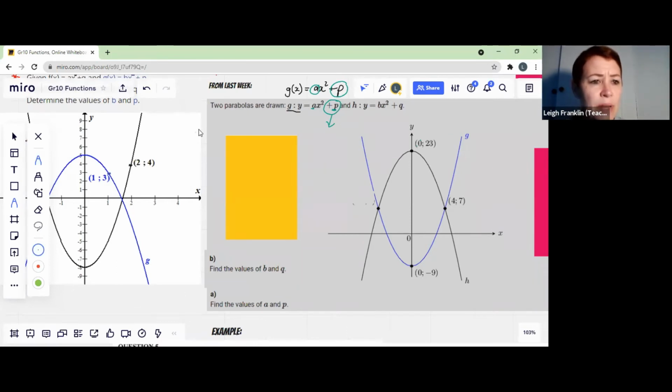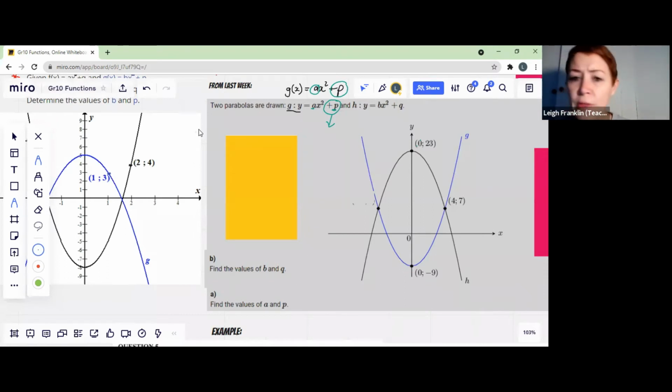Let's see if there's somebody else. Naileti, do you know what the value of p is in the blue graph, g of x? Miss, I think it's 0 to -9. Excellent. So you're looking at the right place. And Zanele, you typed in there -9. Well done.